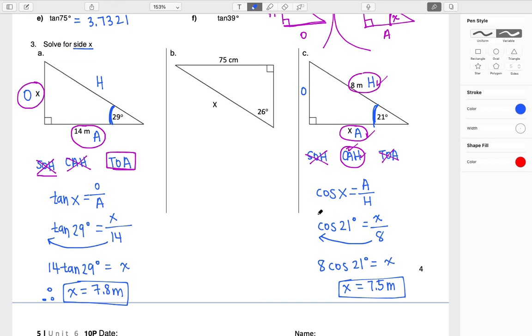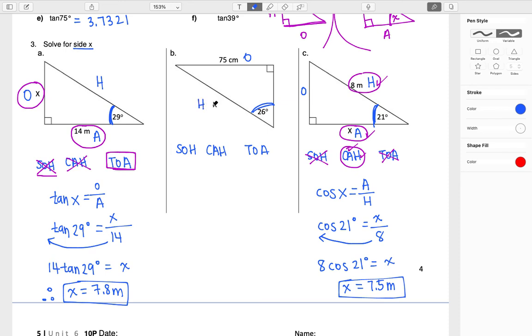Okay. Now, what about letter B? So again, we're looking for the length, and we're not given two lengths, so we have to use Sohcahtoa. And this is my starting angle. From my starting angle, it looks like 75 is my opposite.